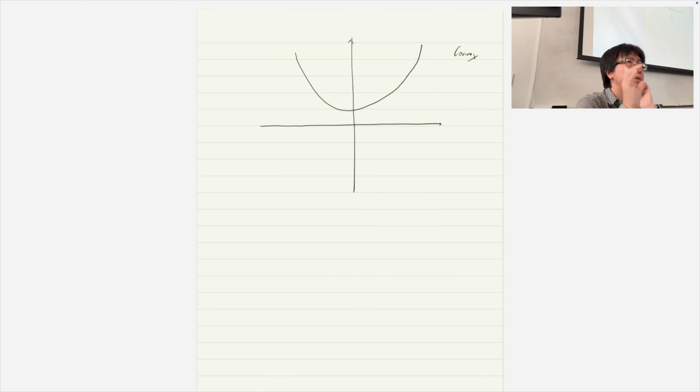So the meaning of the definition is as follows. We take two points here, for example, this is point x1, and this is x2. What we need to do is compare two quantities. One quantity is lambda f(x1) plus (1 minus lambda) f(x2).